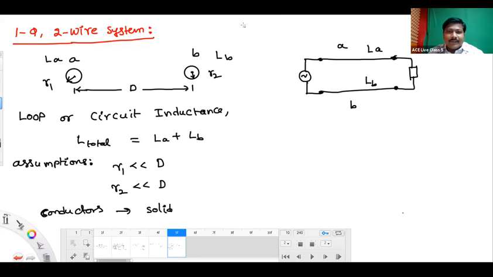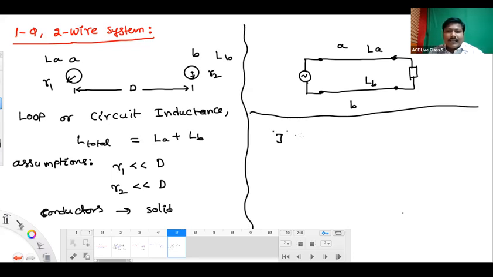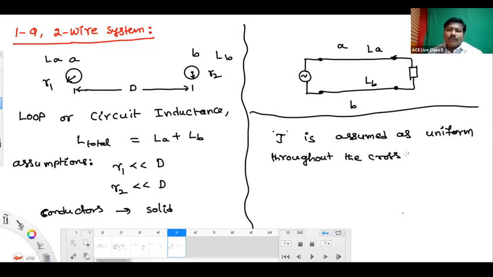Let me write that statement: current density J is assumed to be uniform throughout the cross section of the conductor, which means, in brackets, no skin effect, or skin effect was neglected.